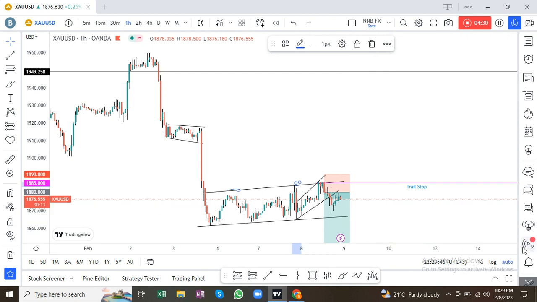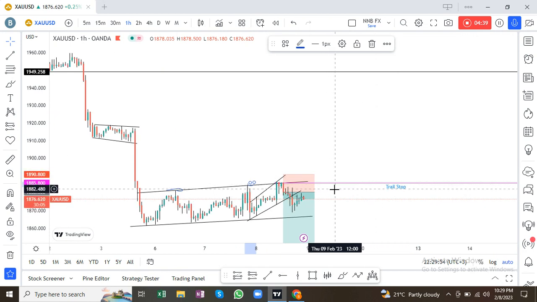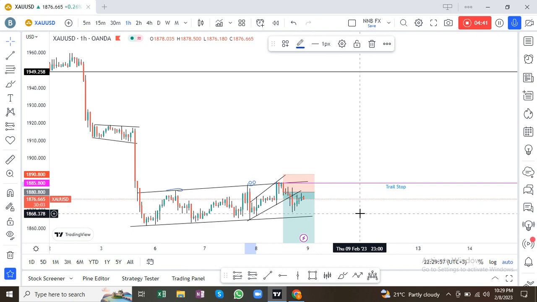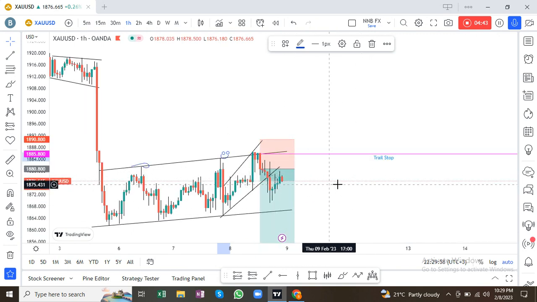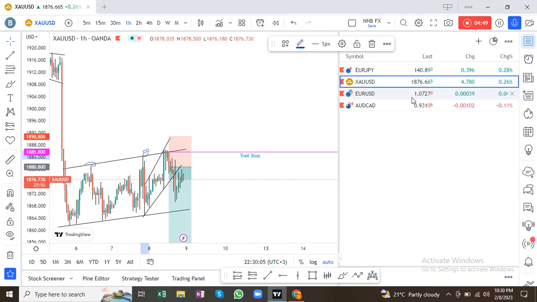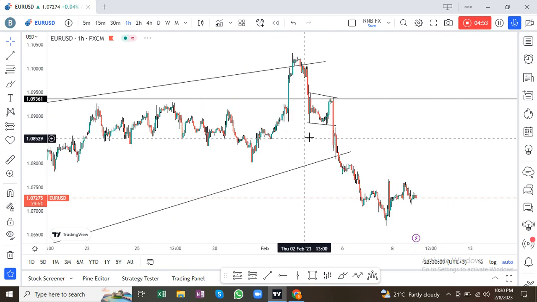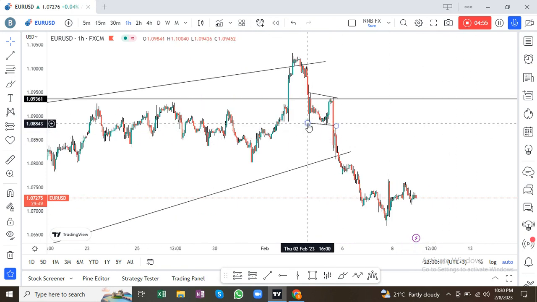Since it is late, in about 2 hours 30 minutes the New York session will be closed, and I fear that the spreads might take me out, so that's why I've moved my stop loss to 0.5%. So I'll show you another pair. There was another one on euro dollar.